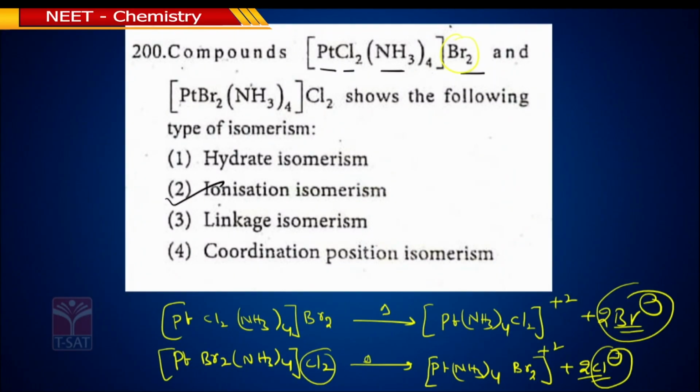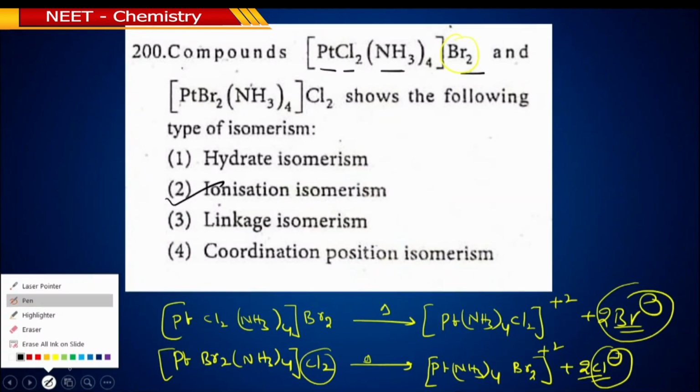To identify ionization isomerism, do we need to do all these things? No, it is not needed. By seeing the compounds alone, we can say whether it is exhibiting ionization isomerism or some other isomerism.